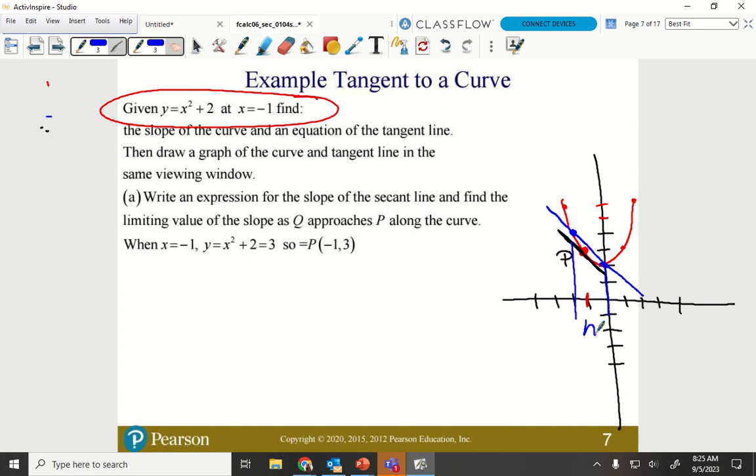So for the formula that I am going to write out, a definition of this, I want the limit as h approaches 0 of my function f of x.